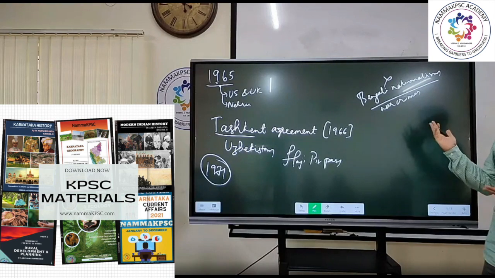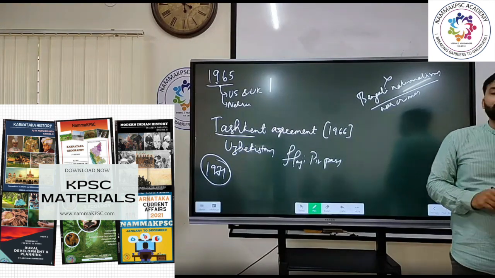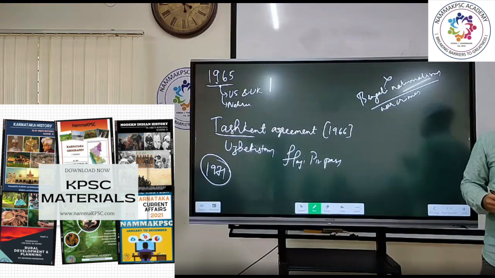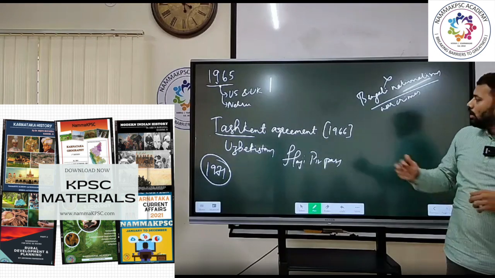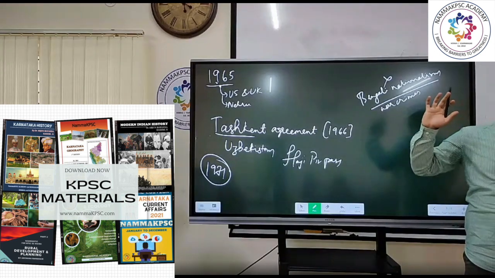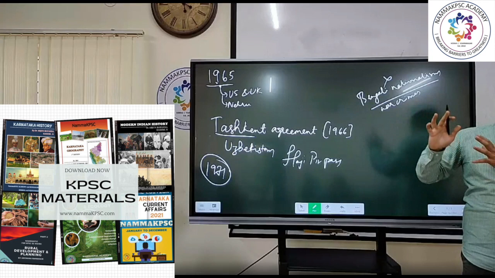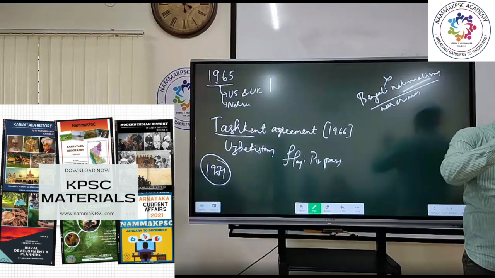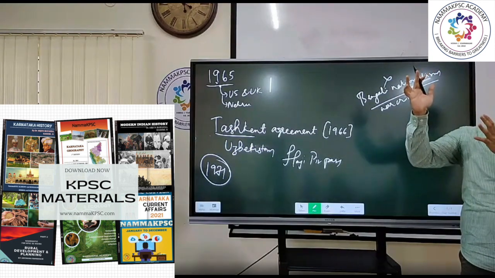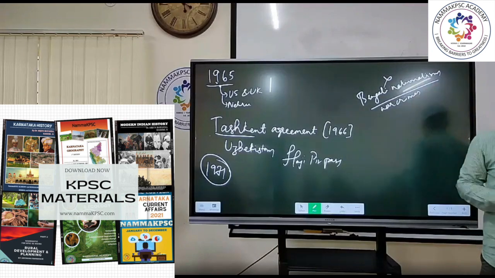There were war crimes committed by the Pakistani army. And what happened because of this was people from East Bengal tried to enter our West Bengal, Assam, Tripura, in and around those regions.